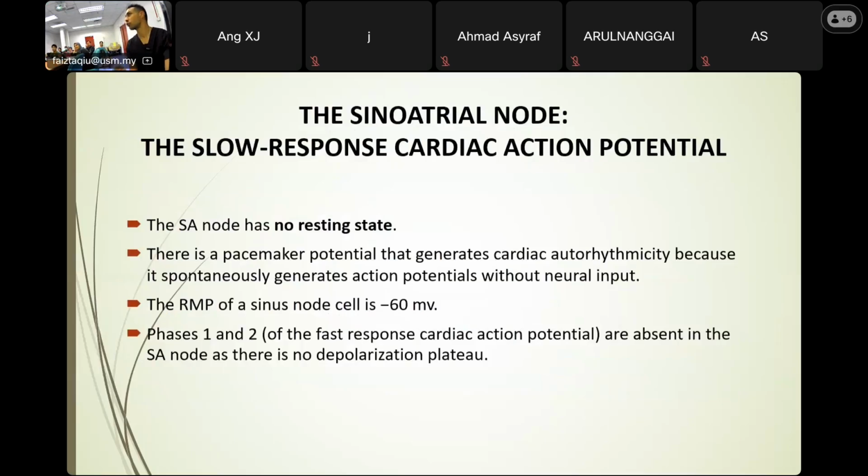Because there's no neural input. It is not stimulated per se by the autonomic nervous system. It has a resting membrane potential of -60. As Prof mentioned, different textbooks say different values, but you can just take it as -60 millivolts. Phase 1 and phase 2, as compared to the ventricular cardiomyocyte action potential, are absent here as there's no depolarization plateau.